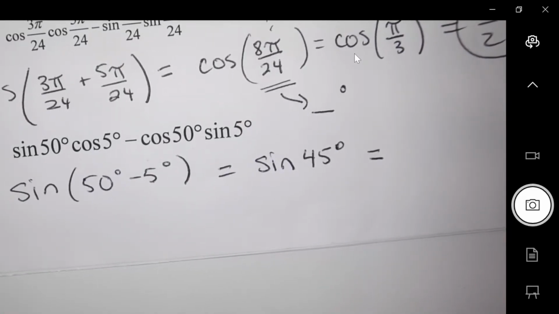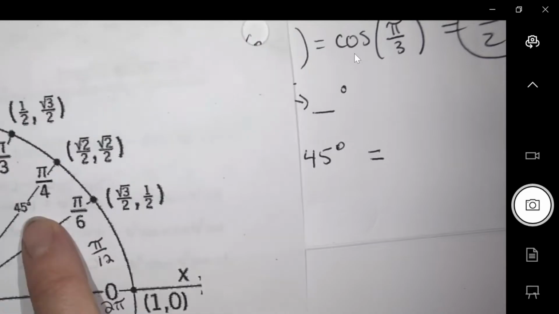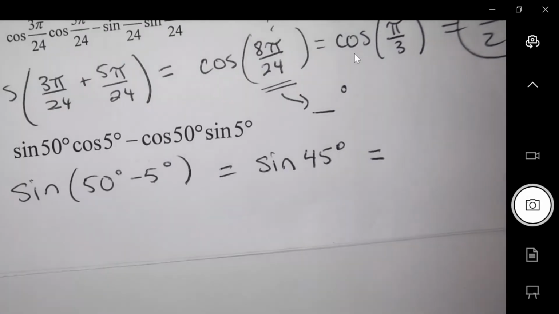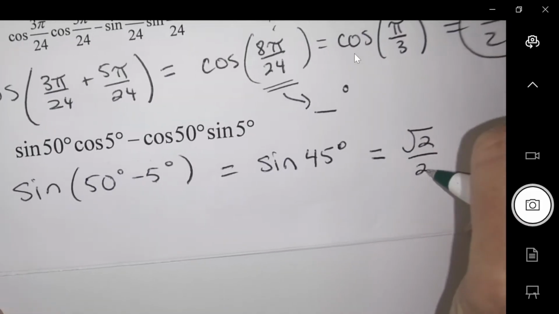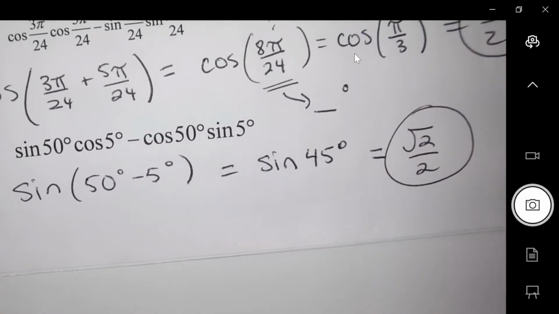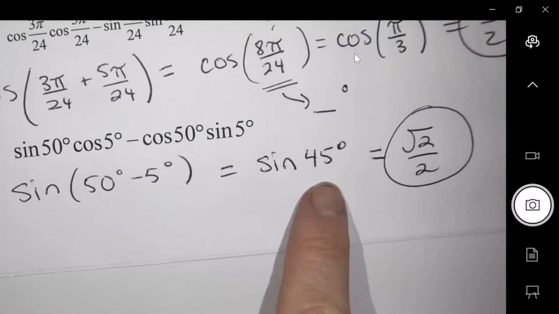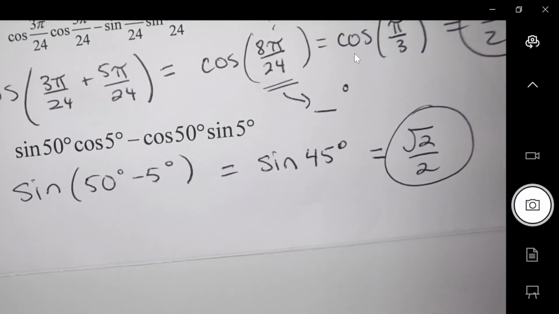So that's what this says. What's the exact value? What's the trig value? So at 45 degrees, the y value is root 2 over 2. Okay? So all that is the last, once I get past this, this is all last unit, right?